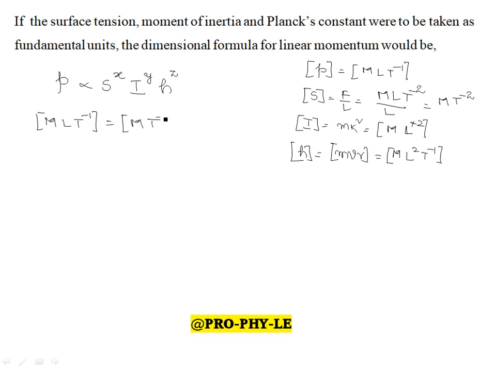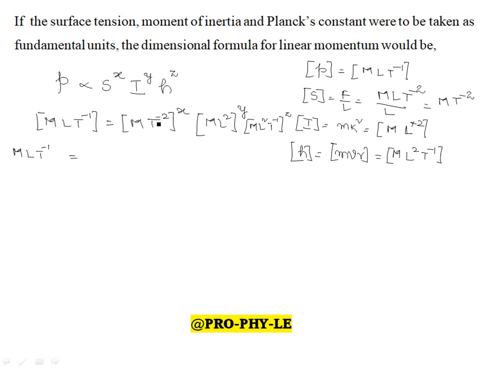m t power of minus 2 whole power of x, m L square whole power of y, and m L square t power of minus 1 whole power of z. So on our left hand side we are having m L t power of minus 1. Here add all m powers.